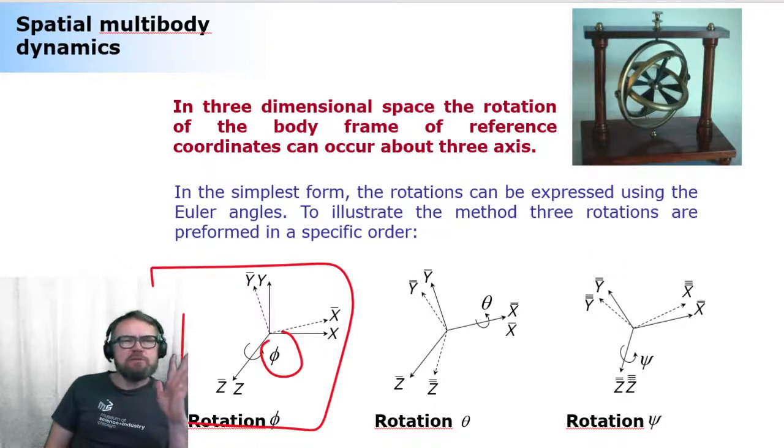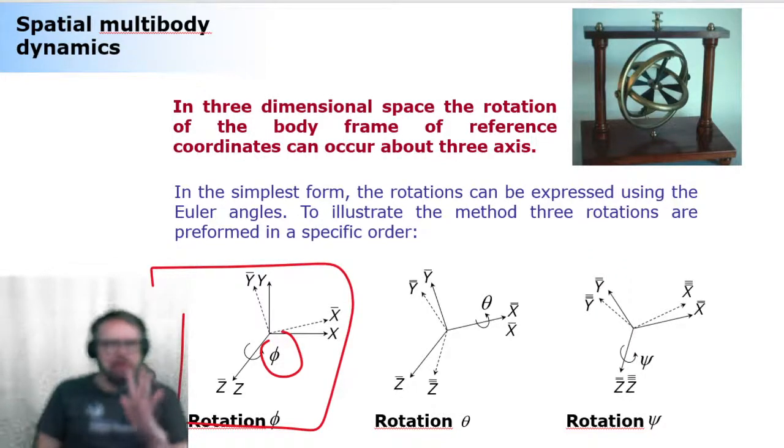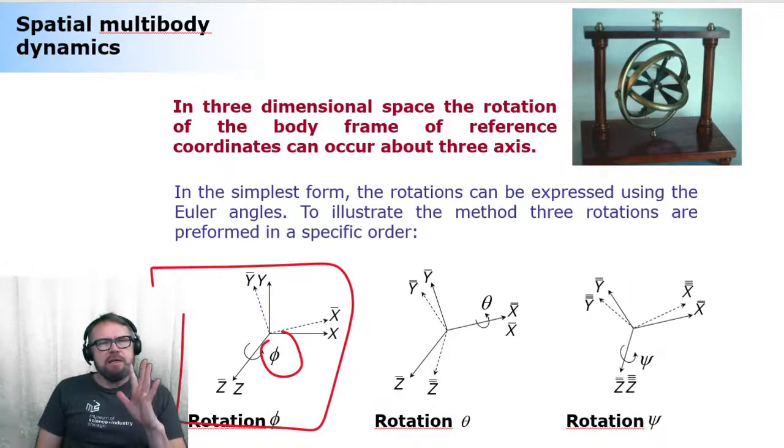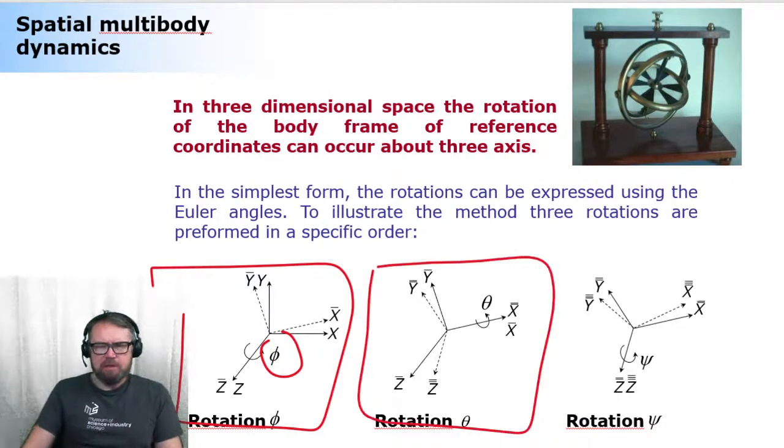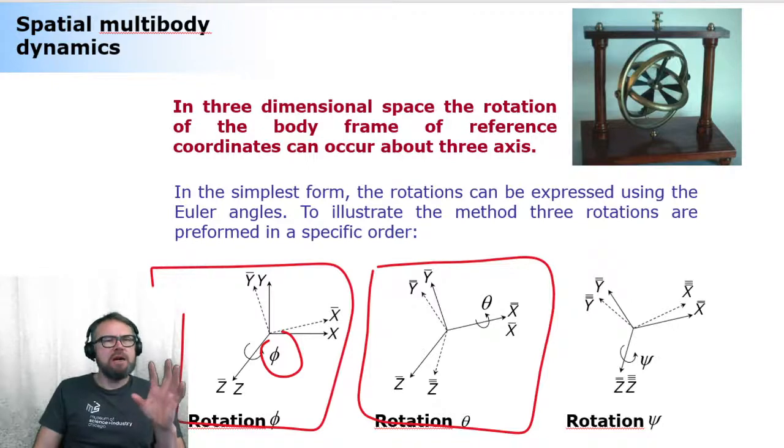Then comes the role of successive rotations. In a successive rotation, you take hold of the once rotated coordinate system. At this time, you're rotating the once rotated coordinate system around the axis x, and the amount of rotation is theta. Now you have a twice rotated coordinate system.